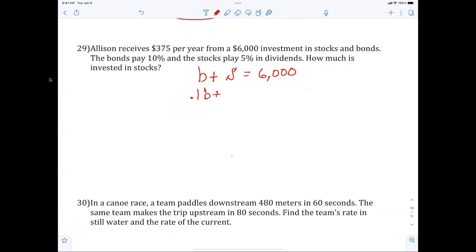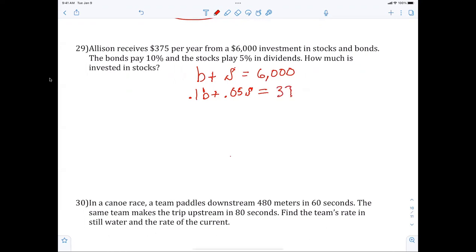And what percent do I make in stocks? 0.05. You have to be careful. 0.05 for the stocks. And then you're going to be paid a total of how much money? $375. That's what we're looking at.